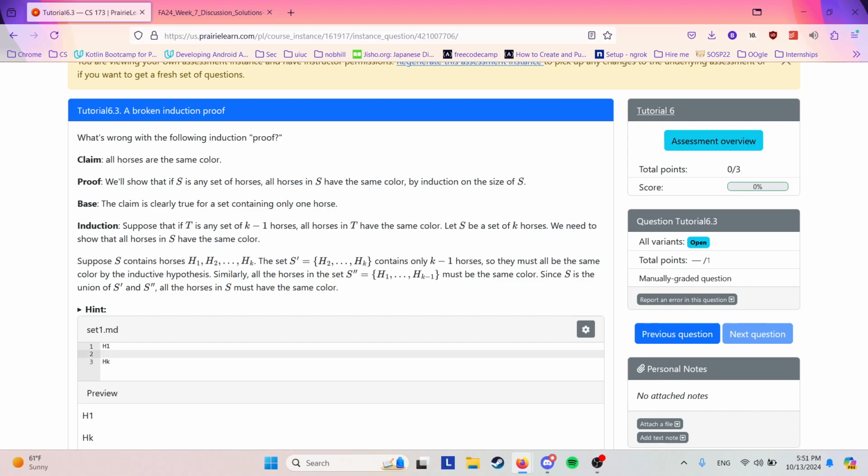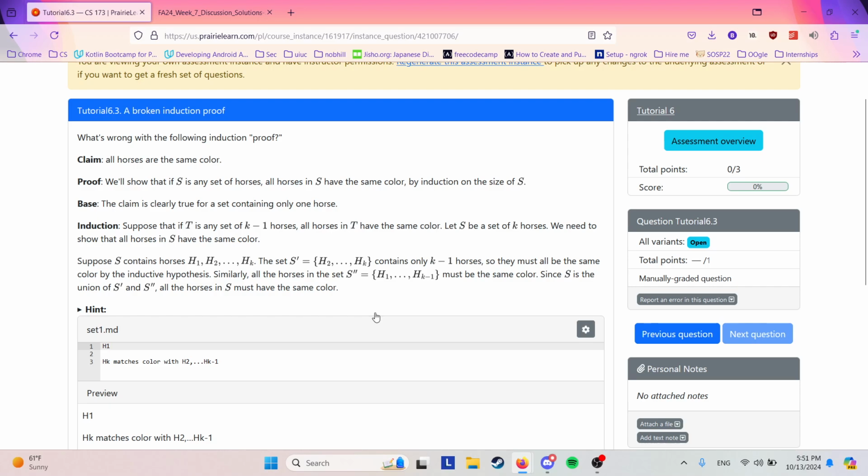S prime tells us that hk matches color with h2 all the way to hk minus 1, and S double prime tells us that h1 matches colors with h2 all the way to hk minus 1.